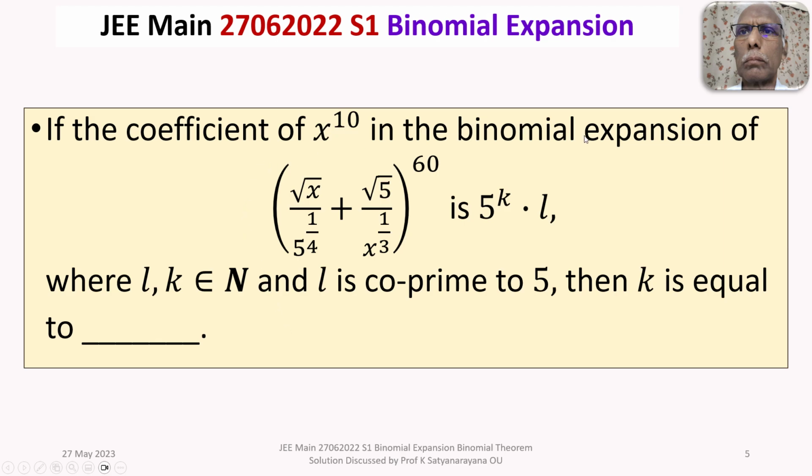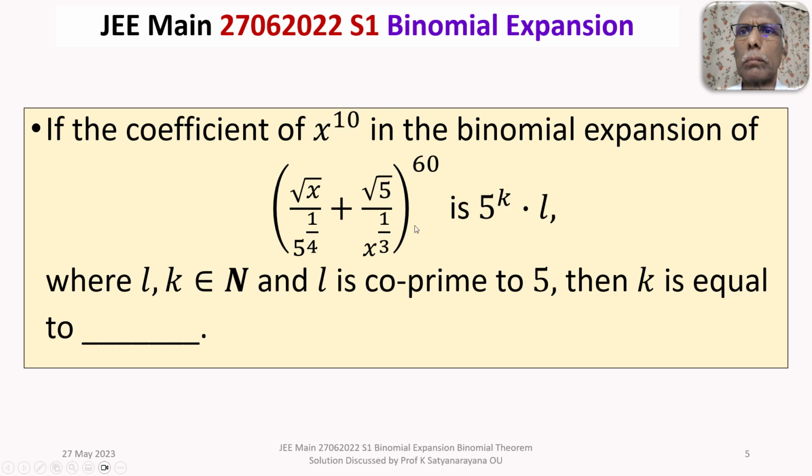We are given (root x by 5 to the power of 1 by 4 plus root 5 by x to the power of 1 by 3) whole to the power of 60. We have to expand this in the binomial expansion and find the coefficient of x to the power of 10.